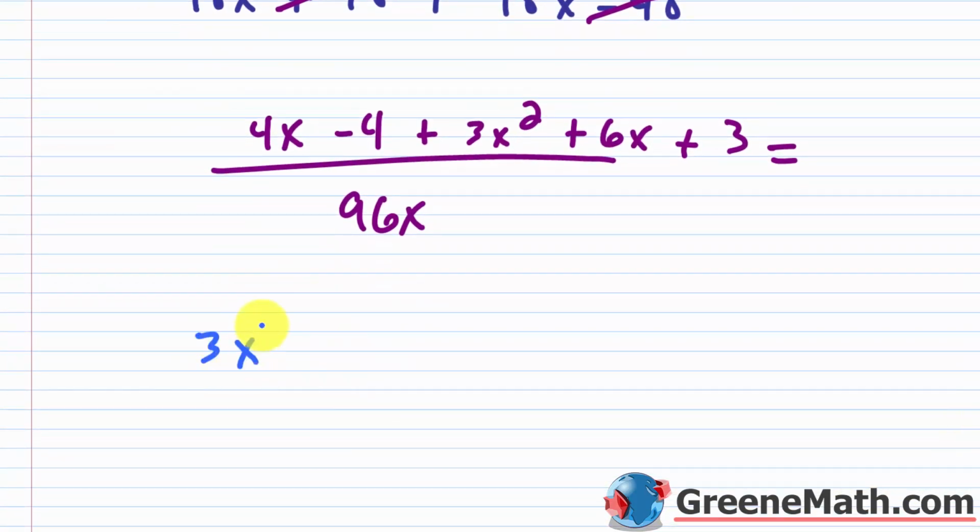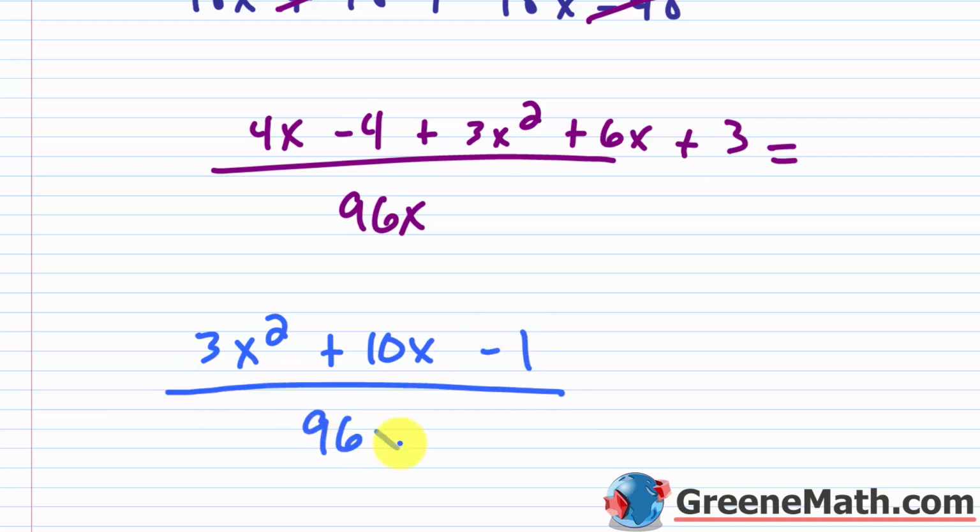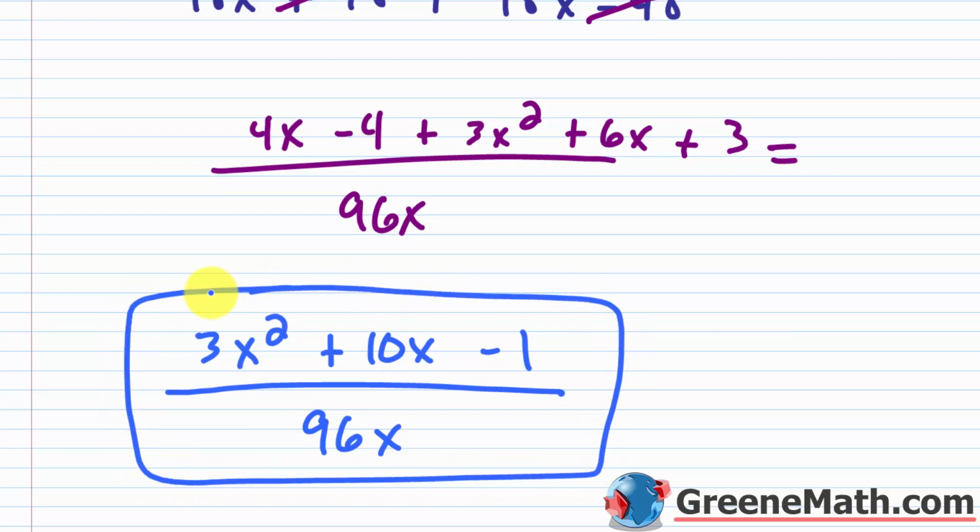So we have 3x squared, nothing else there that has an x squared, so that's going to be on its own. Then I have 4x plus 6x, which is going to be 10x. And then I have negative 4 plus 3, which is minus 1. So this is all going to be over 96x. And there's not really anything else we can do with this guy. This is as simple as we can make it. So this is going to be our answer here, or our result from simplifying what we started with.